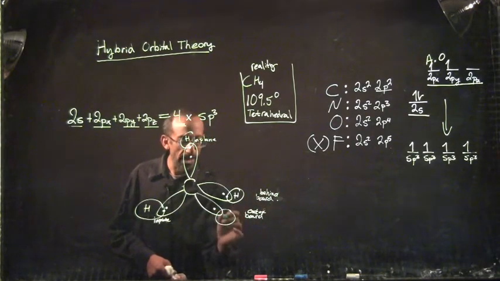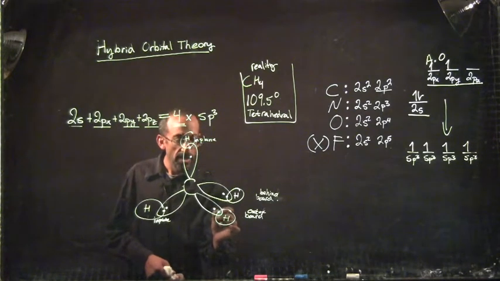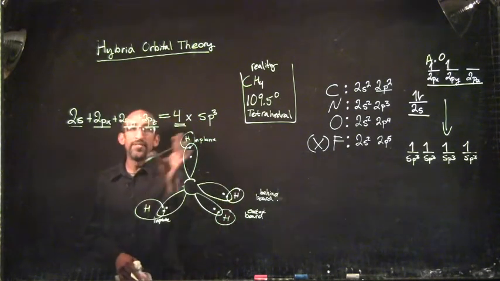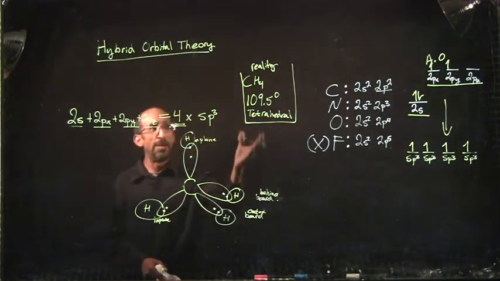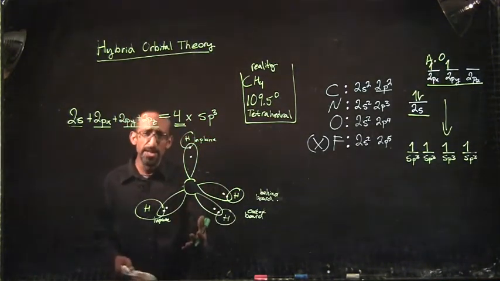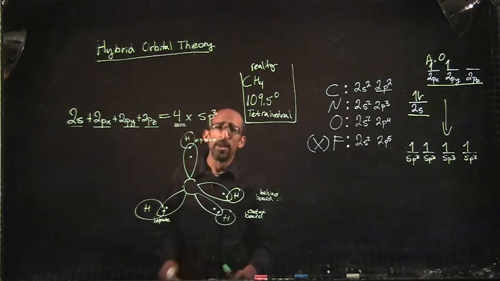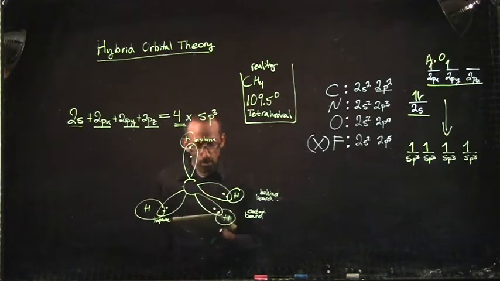And there's our 4th hydrogen atom. And now we have a true representation, on an orbital basis, a geometry basis, and a bonding basis, for the behavior of carbon when it forms 4 bonds.